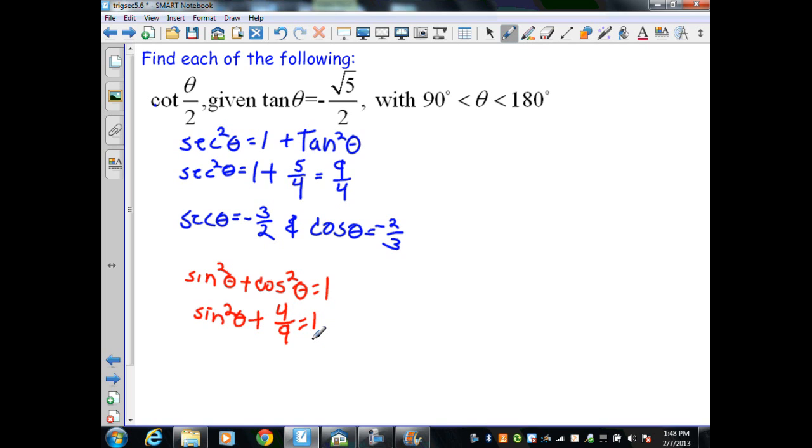Subtract 4/9 on both sides, I get sine squared theta equal to 1 minus 4/9. When I solve for that, that's going to give me a value of 5/9. And I can take the square root of both sides. That gives me sine theta equal to the square root of 5 over 3. But sine in quadrant 2 is positive.